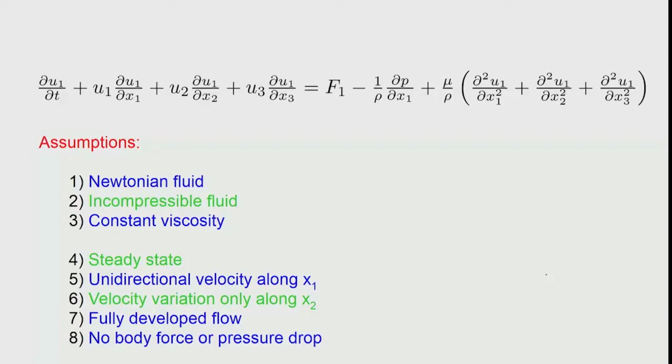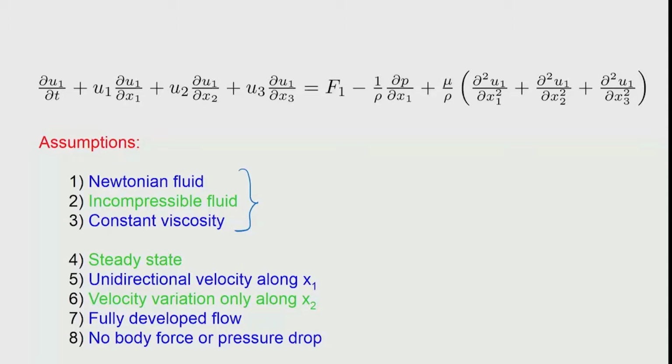u1 is the component that is relevant, so that is what is written here. The equation already assumes that it is a Newtonian fluid, an incompressible fluid, and has constant viscosity. So, the top three assumptions are already made, and we are going to make some more assumptions which will reduce this equation to an extremely simple form.